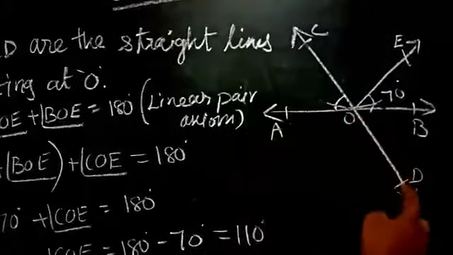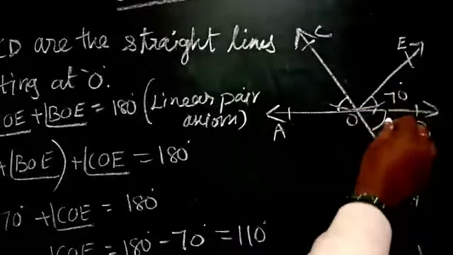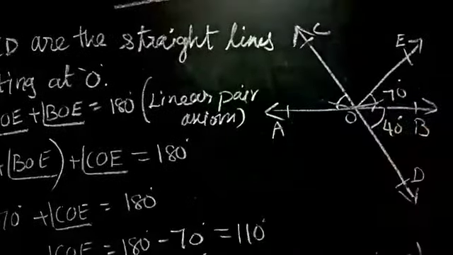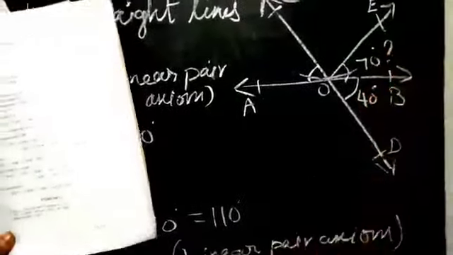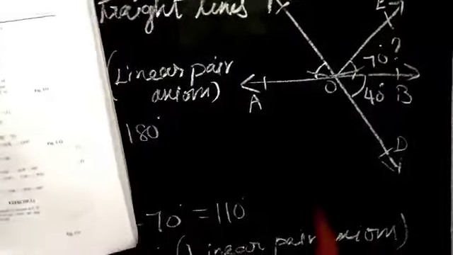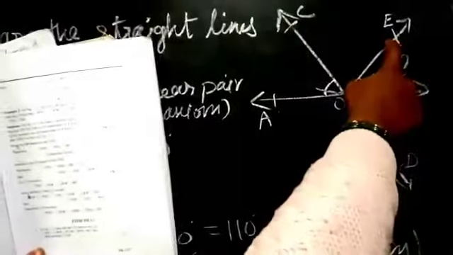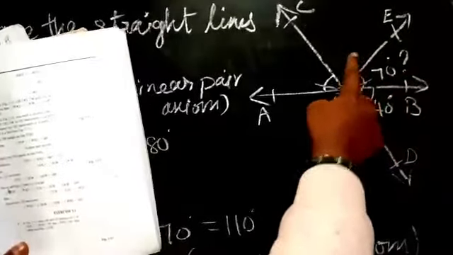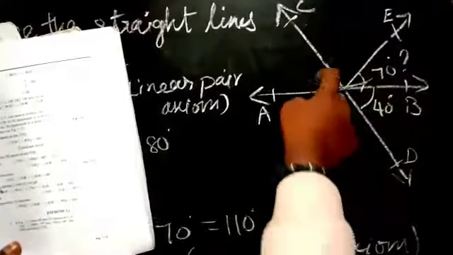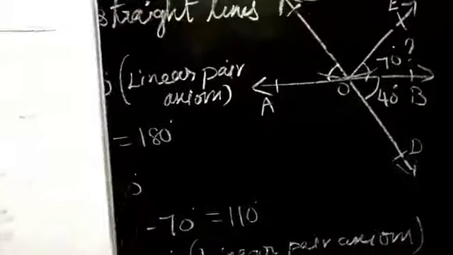And BOD, this angle, is 40 degrees. Find the BOE angle, only this angle alone, and COE reflex. Reflex means without this, we have to find everything with this.